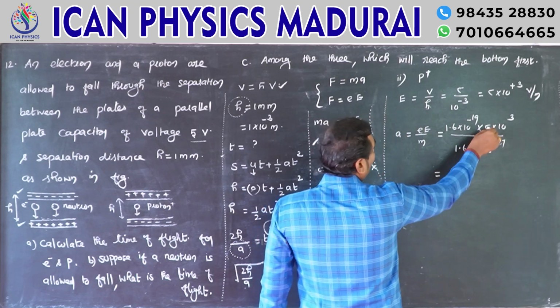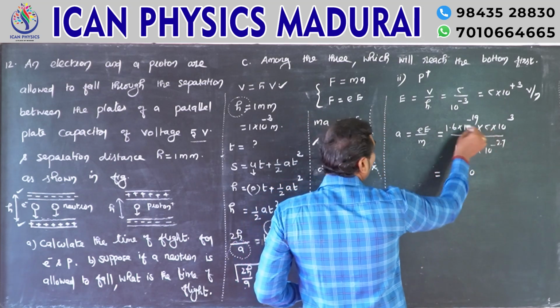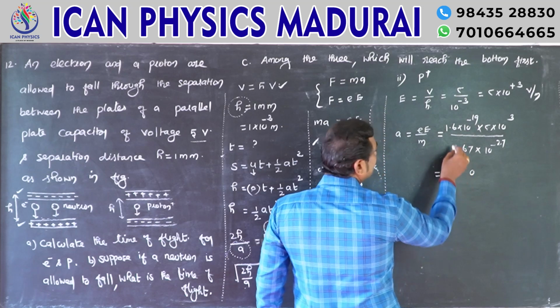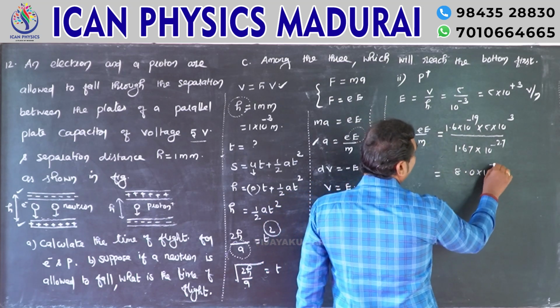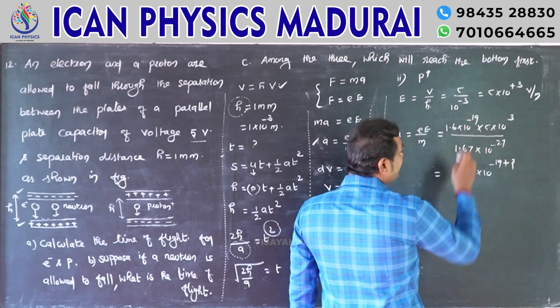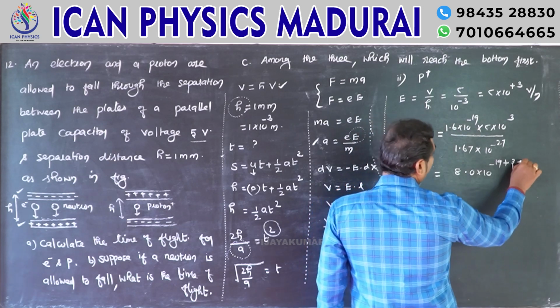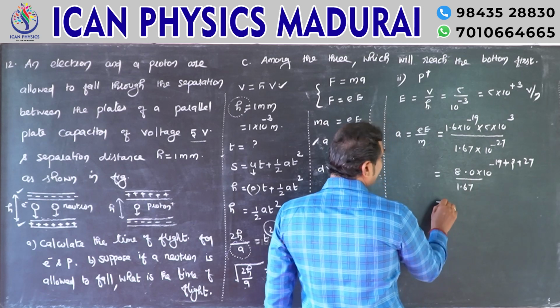Now 5 6 are 30, remember 3. So 1 5 is 5, 5 plus 3, 8. How many decimal points? 1. Into 10 to the power minus 19 plus 3. Minus 27 goes to the numerator as plus 27, divided by 1.67.